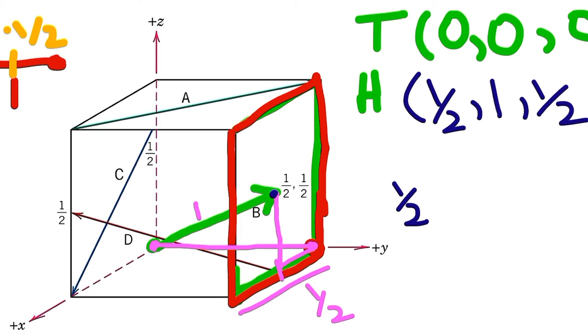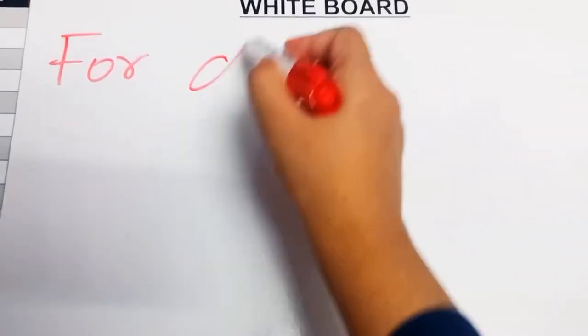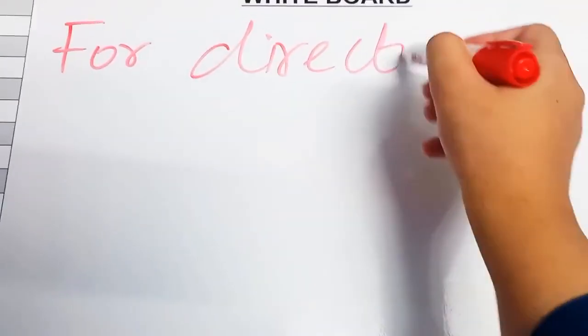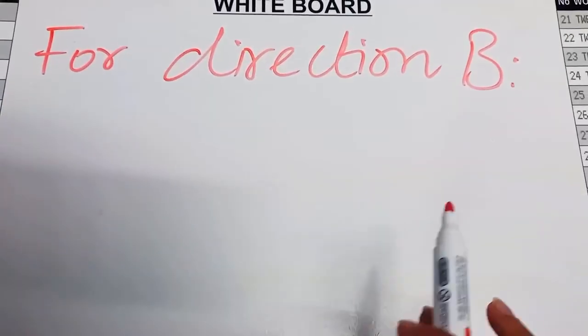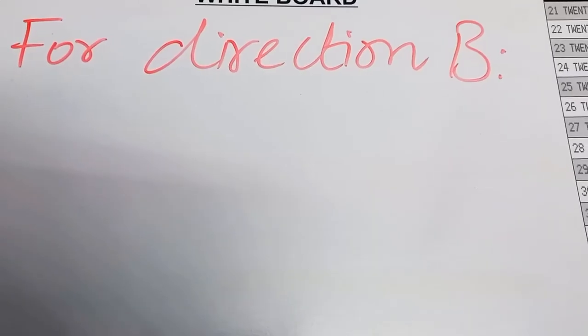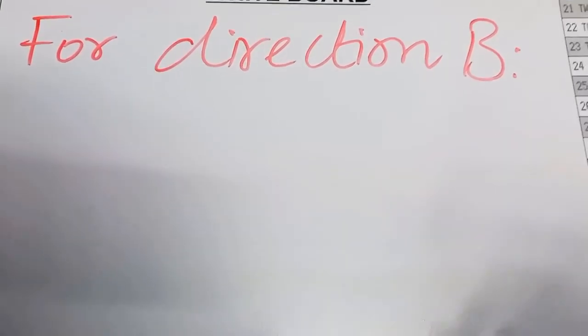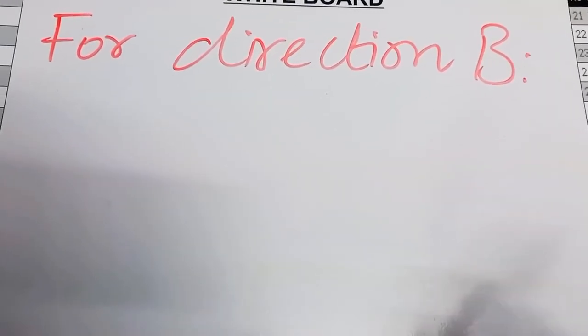All right, so it was really simple. Now we need to do the other steps, which are head minus tail coordinates. In exam, this is how you are gonna attempt this question. First of all, you write for direction B, whatever name you have given to this direction. If the name is not given, you can let the direction be B or A, whatever name you want to give it.